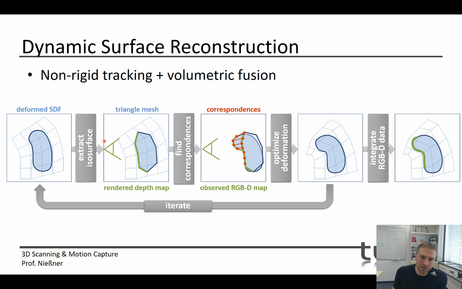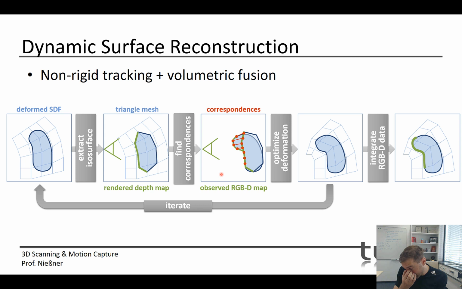Based on the extracted surface, we can find correspondences with the current observations that we're getting from the input data. In principle, that's very similar to the rigid reconstruction. The only difference is now, instead of raycasting, because raycasting is kind of hard for non-rigids, we deform the signed distance field according to the deformation warp that we estimated. We then run marching cubes to get a surface. Based on that surface, we find correspondences with respect to the input depth map.